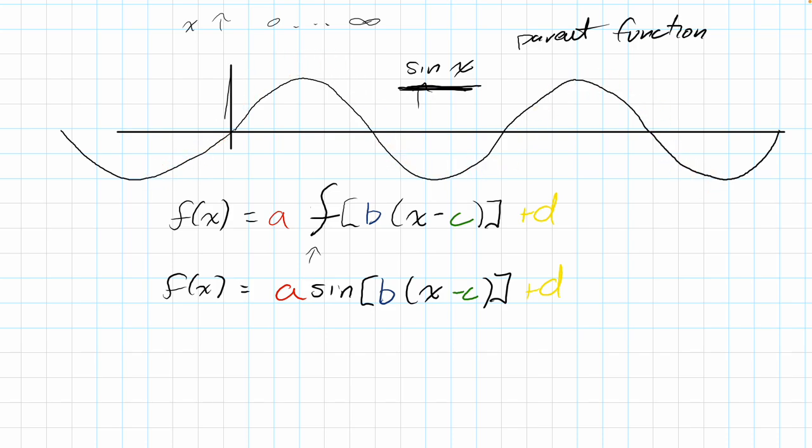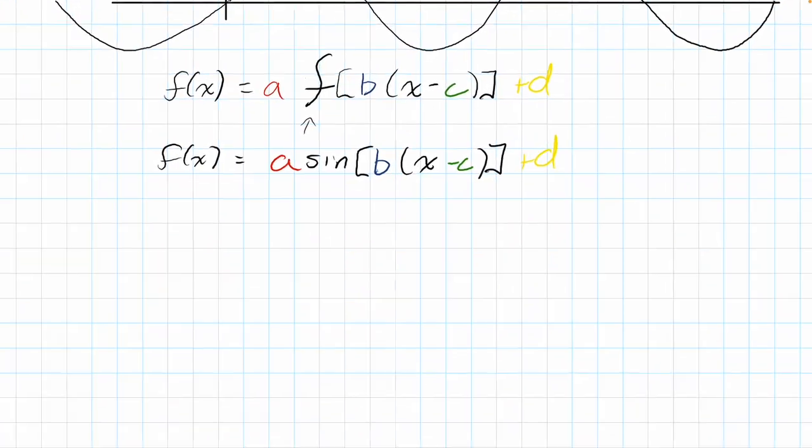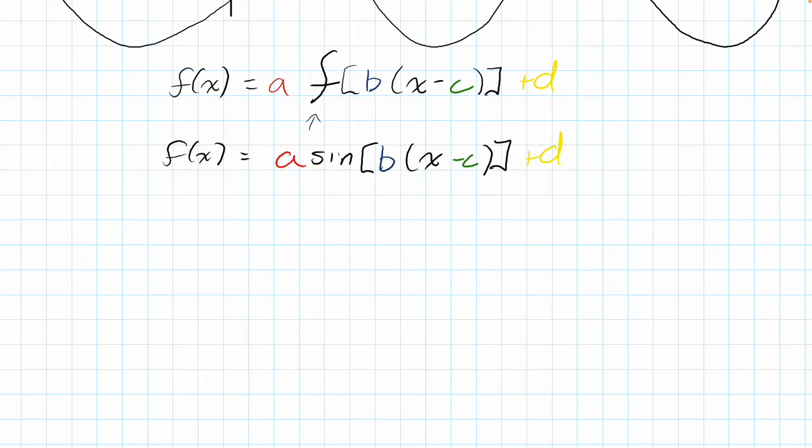Okay? So we're going to talk about what each of them do, because each of these is going to be pretty important to transformations. A does something called a vertical stretch or compression. So I say it goes up and down. It shouldn't just say stretch, it can also do a compression.